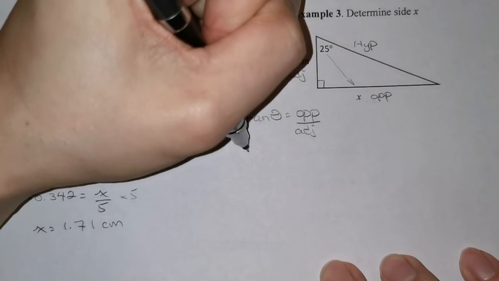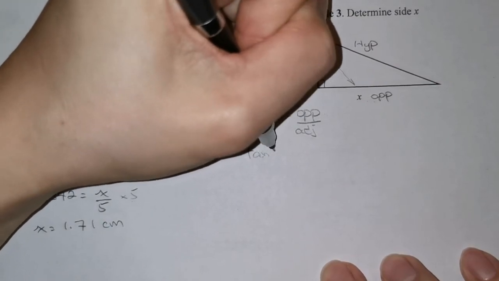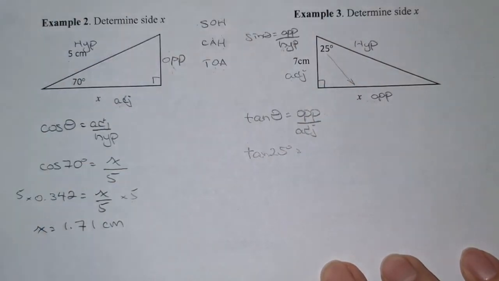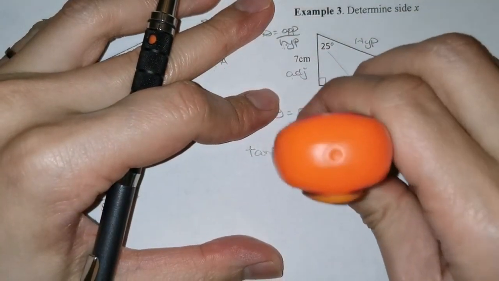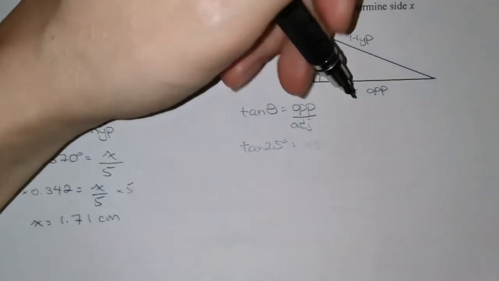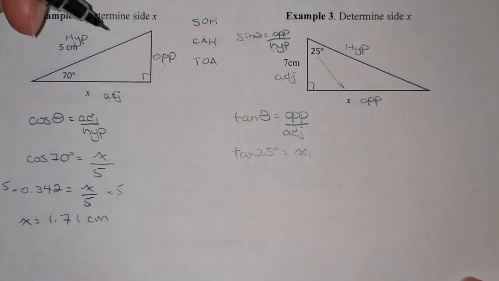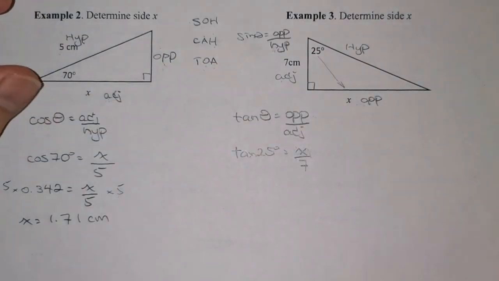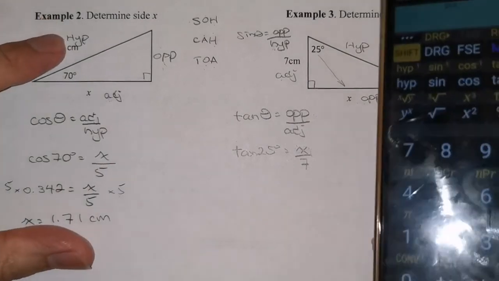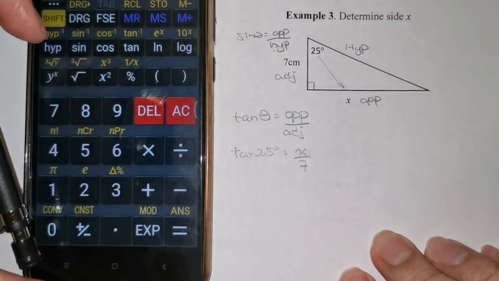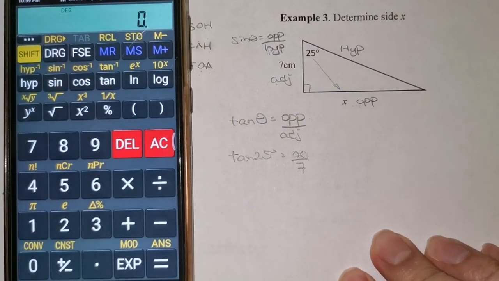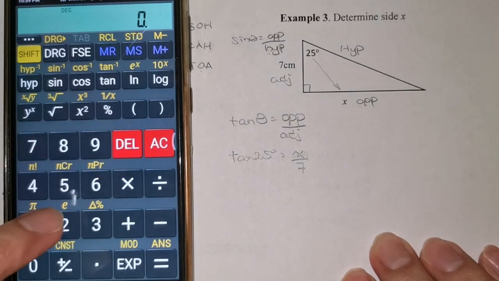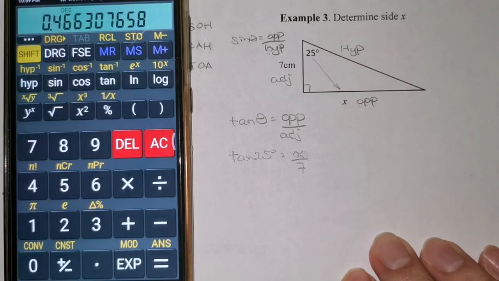Then we can substitute the angle in. Tangent of angle 25 is equal to our, I'm going to change that to the x, that'll be x, and our adjacent side is 7, so x divided by 7. So when you get here, you can get your calculator and figure out what is the tangent of angle 25. 25 tan.